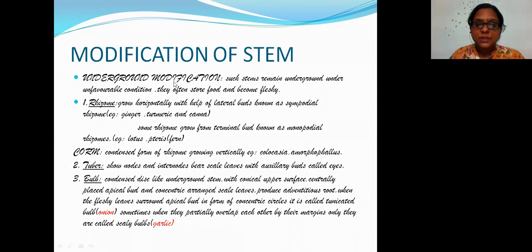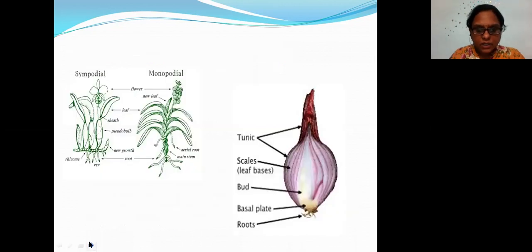The only difference is from where the stem starts. Sympodial starts from the lateral buds, and monopodial starts from the terminal bud. I think it's very clear with the buds.